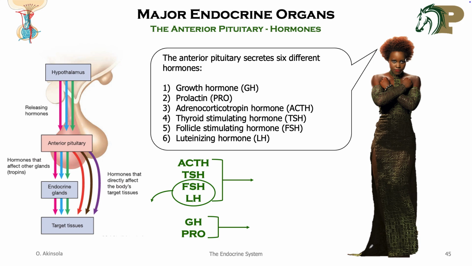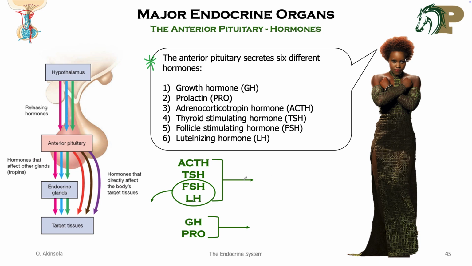You need to know these 6 hormones cold, ladies and gentlemen. You need to be able to list these at the drop of a hat. You should be able to list these 6 anterior pituitary hormones.